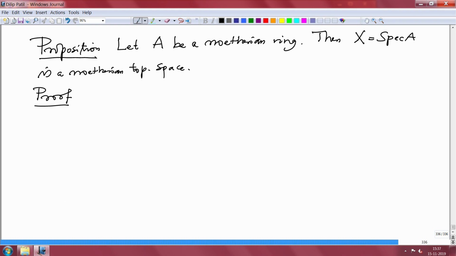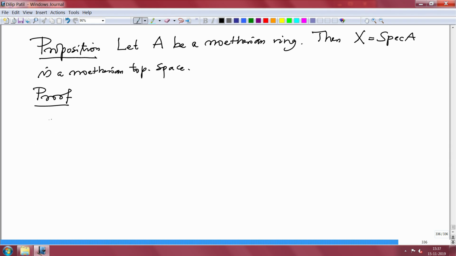Or one can also say every non-empty family of open sets in X has a maximal element, or equivalently every non-empty family of closed sets has a minimal element, because open sets and closed sets are the complements of each other.